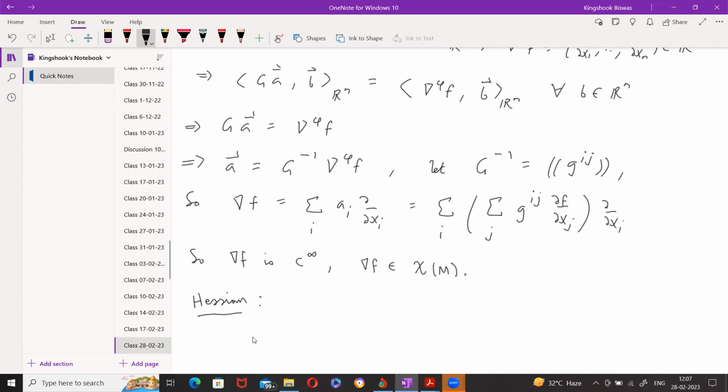Under that isomorphism, the gradient vector corresponds to the linear functional df. So nabla f corresponds to df under the isomorphism from TPM to TP star M given by the inner product. That's all. Is it clear?